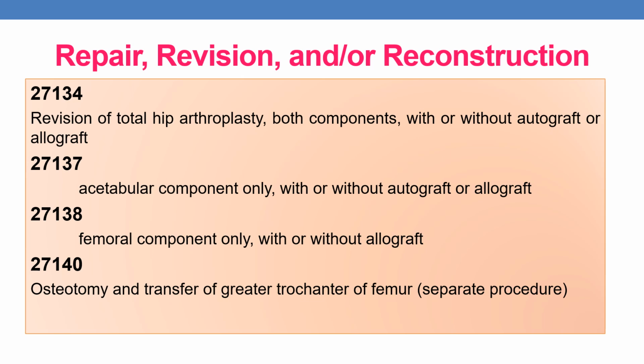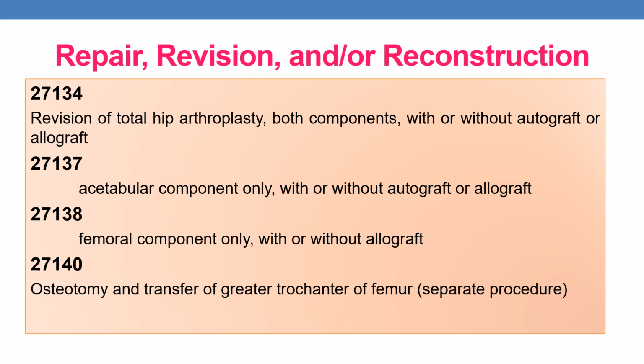The next is 27134. It deals with revision of total hip arthroplasty, both components with or without autograft or allograft. The next is 27137. It deals with revision of total hip arthroplasty, acetabular component only. Previously it was both components, now it is acetabular component only with or without autograft or allograft.